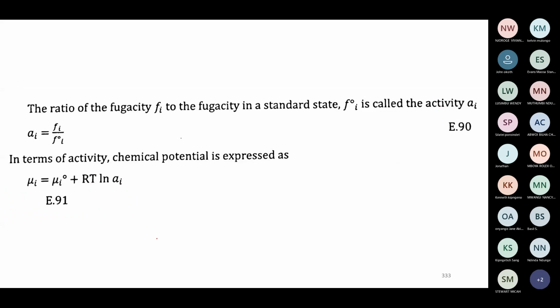The ratio of the fugacity fi to the fugacity in the standard state, fi naught, is called activity. So fi over fi naught equals ai, the activity. So in terms of activity, the chemical potential is expressed as μi equals μi naught plus RT ln ai.